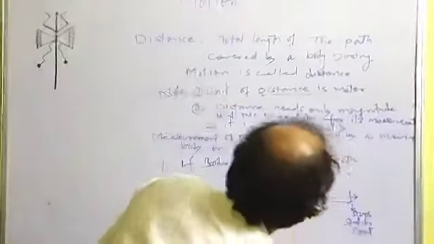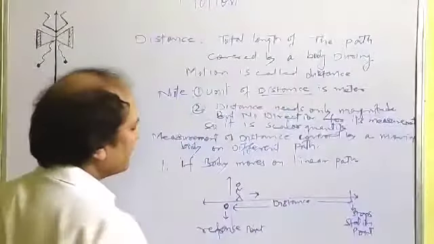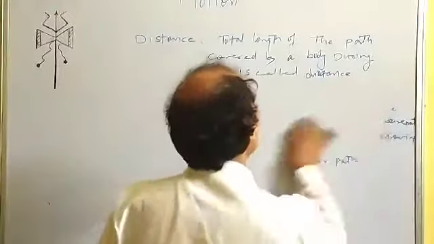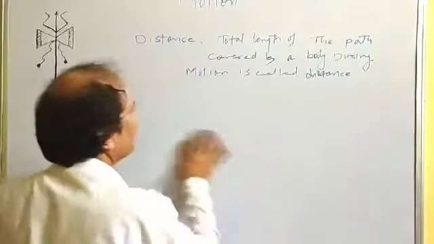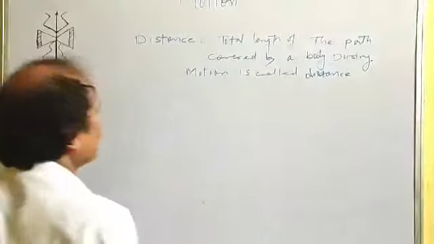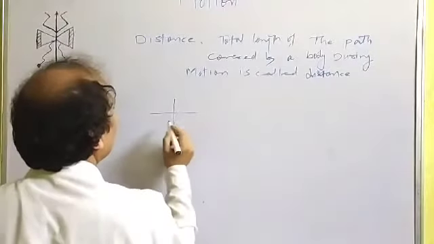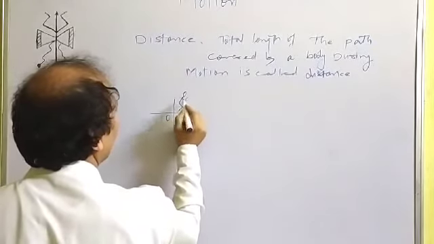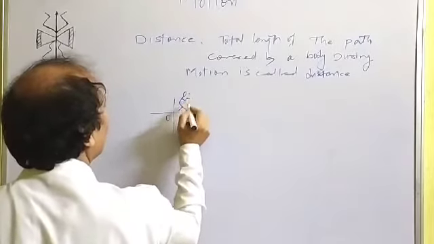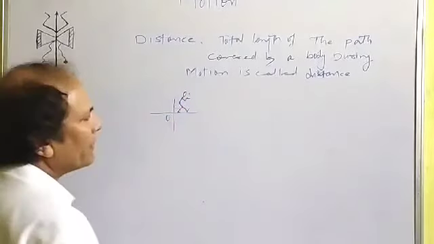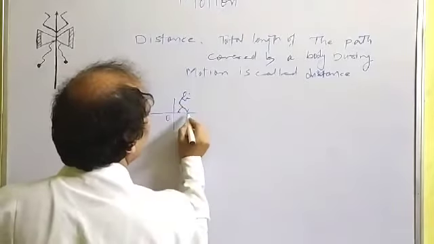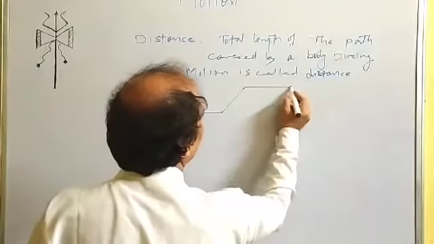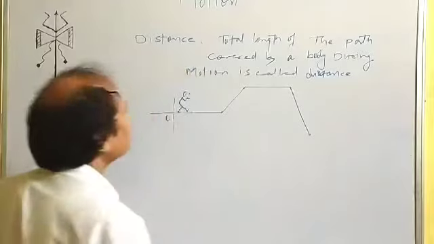But suppose this person is moving on a zigzag path. Suppose now this is the origin point. A person starts walking from here. It goes from here to here. After that, here to here, here to here, here to here.